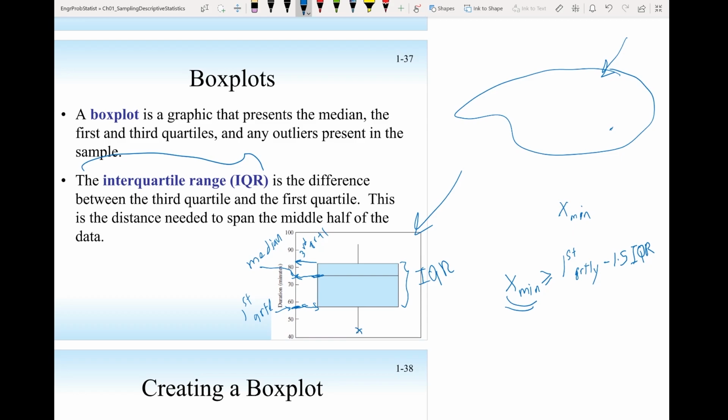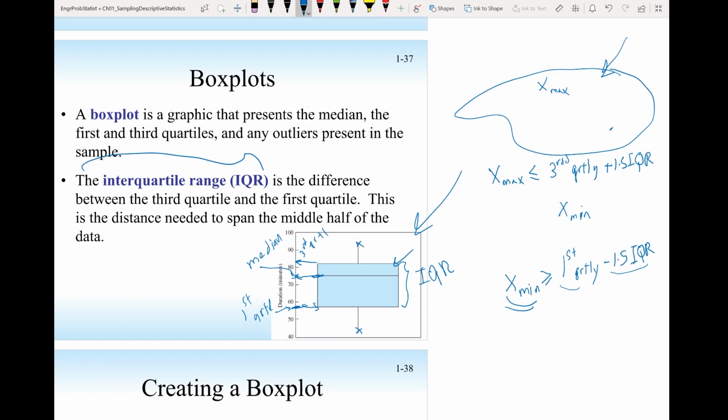As long as the lowest sample is equal to or larger than the first quartile minus 1.5 IQR. Then I look for the maximum value, Xmax. And as long as Xmax is equal to or less than the third quartile, which is this value here, plus 1.5 IQR, then I will plot it here, and it will be this one.